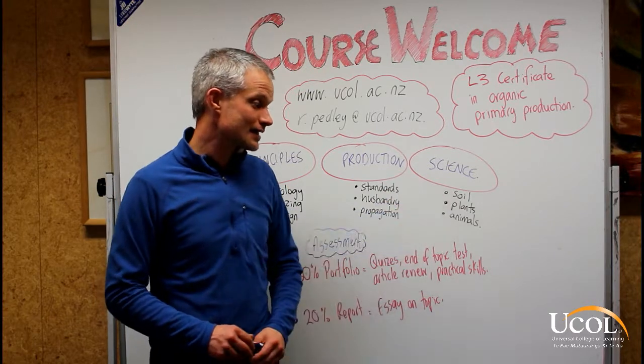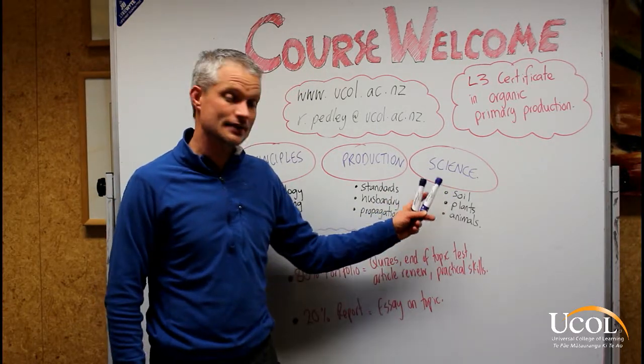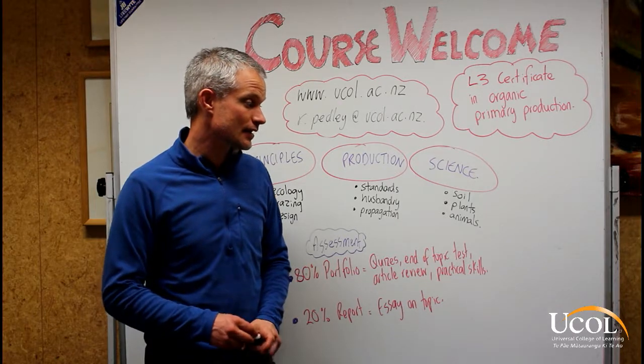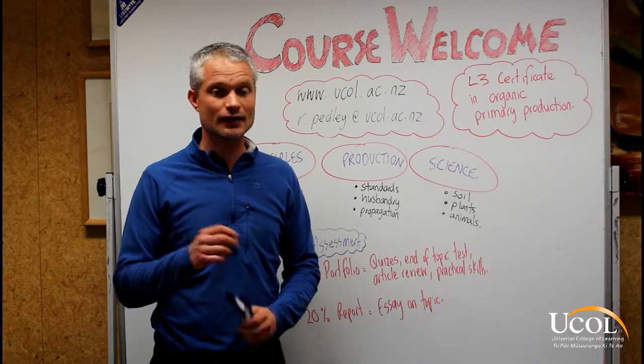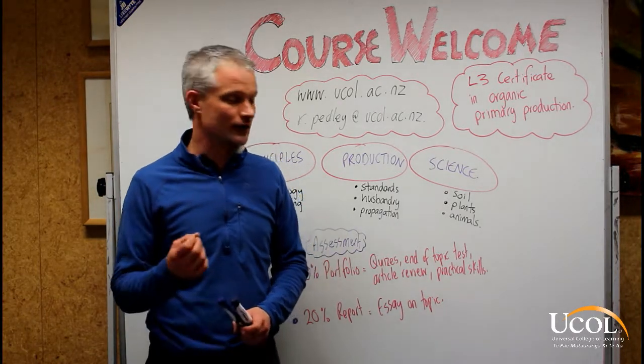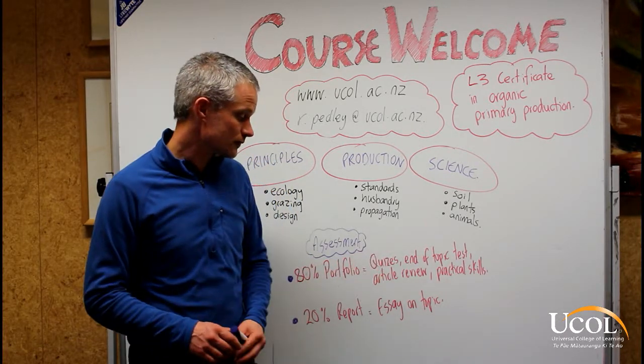So we'll be looking at three aspects to that. We'll be looking at soil science, plant science and animal science, and just a holistic look at the details behind the science of each one of those.